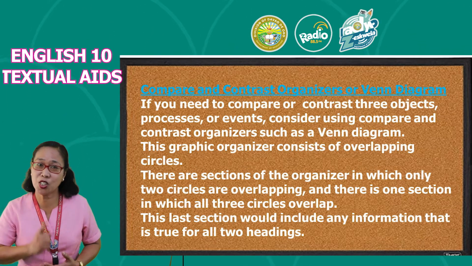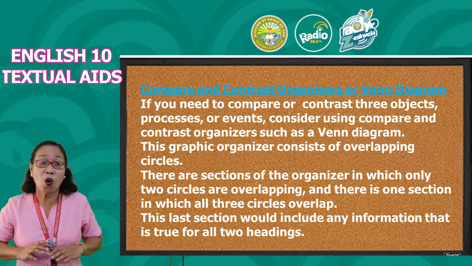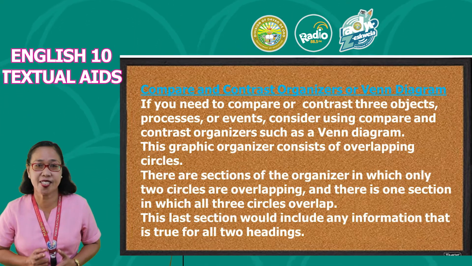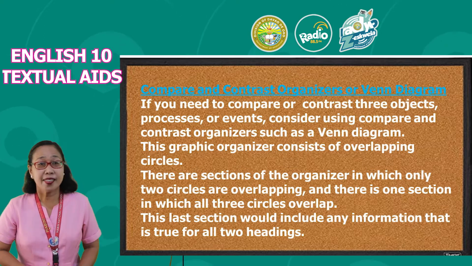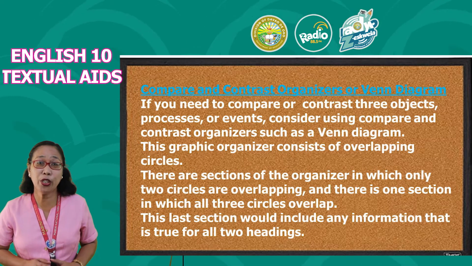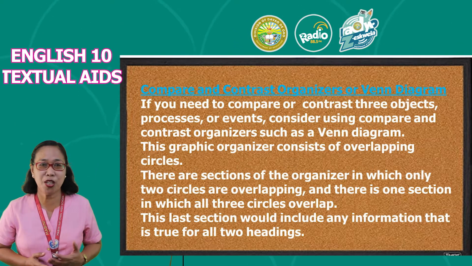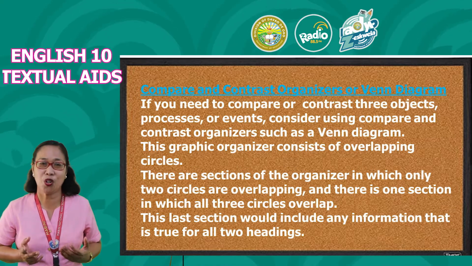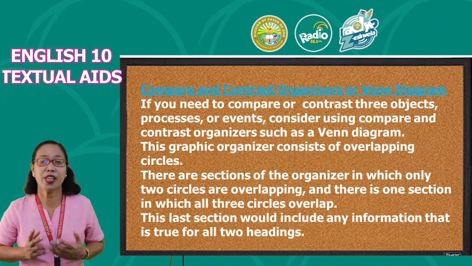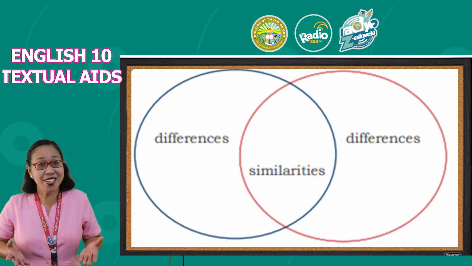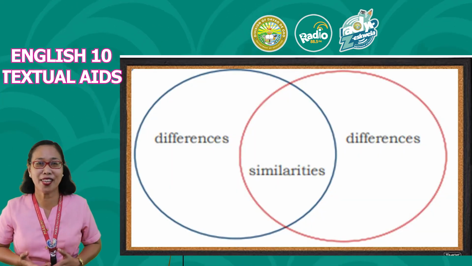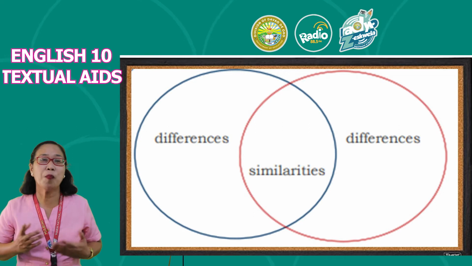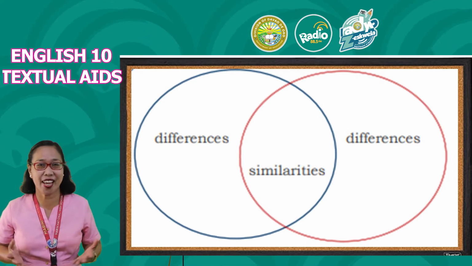And there is one section in which all three circles overlap. This last section would include any information that is true for all headings. Here's an example of Venn diagram or compare and contrast organizer.